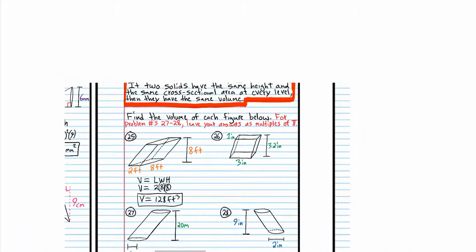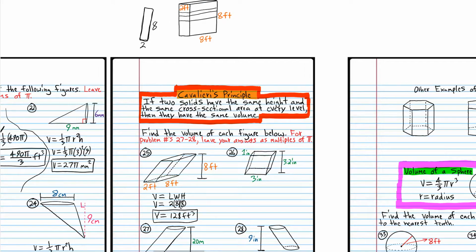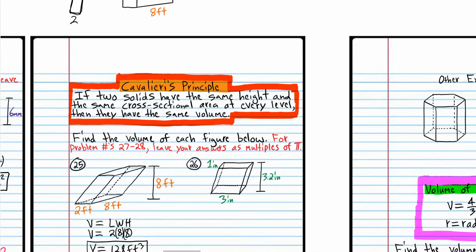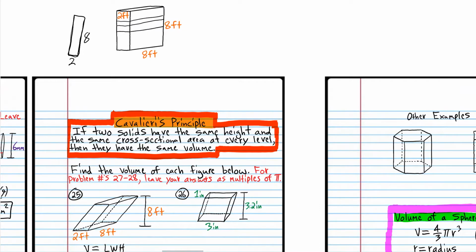So why don't you try number 26? Again, we can't find the volume of this shape directly because we don't have any formula for that weird shape. But because the cross-sectional area is the same as the cross-sectional area for the corresponding rectangular prism, and the height is the same. In other words, let me just draw that out real quickly. So let's say you have up here something like this.